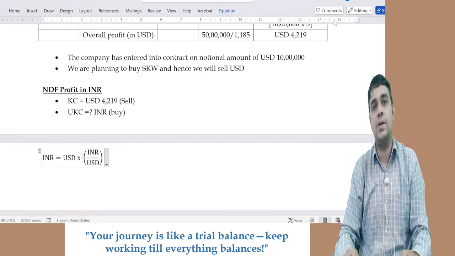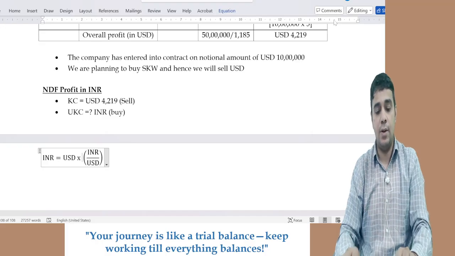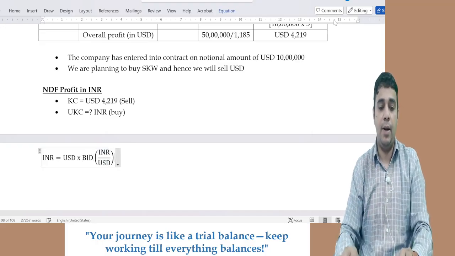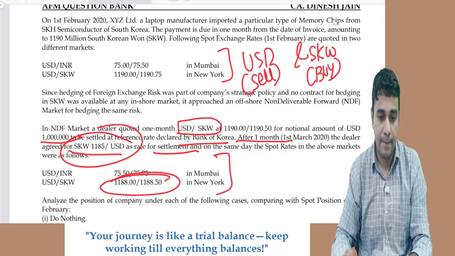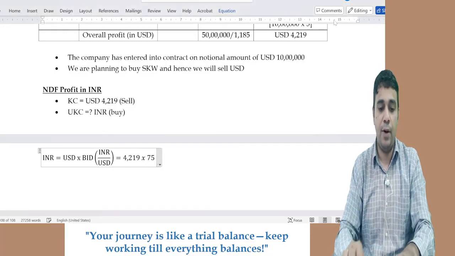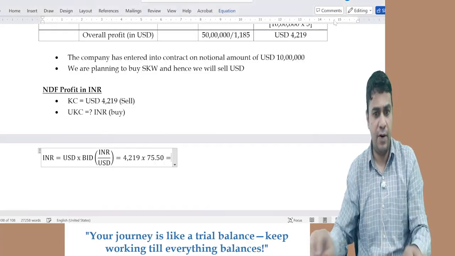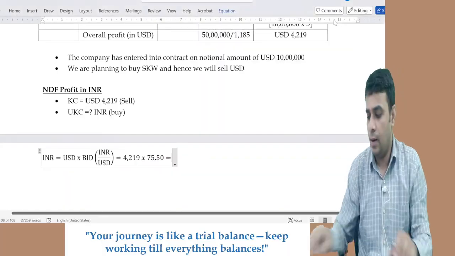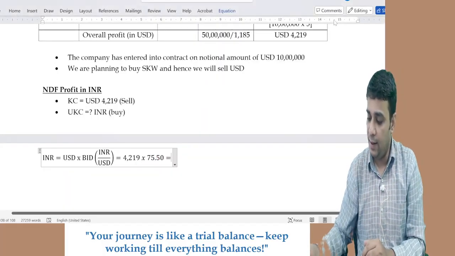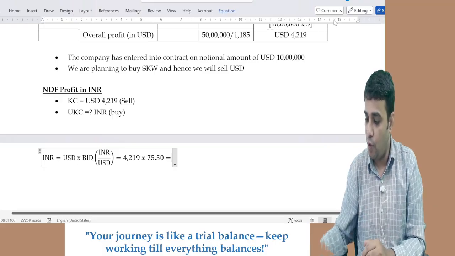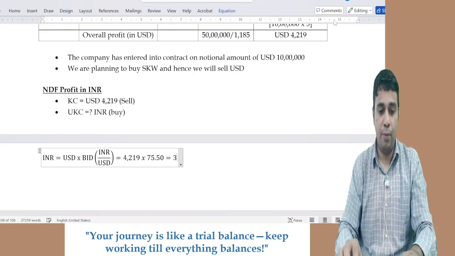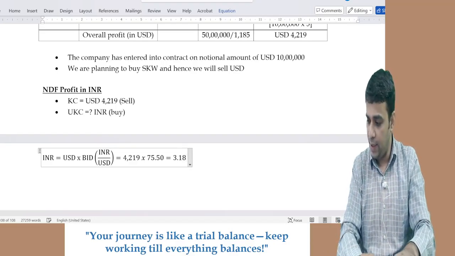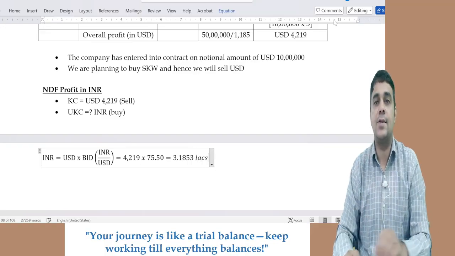What are we doing with USD? Sell. The bank is going to buy, so the bid rate. 4219 into, on the last day the bid rate is 75.5. Multiply and write it in lakhs, 4 decimals: 3.1853 lakhs.